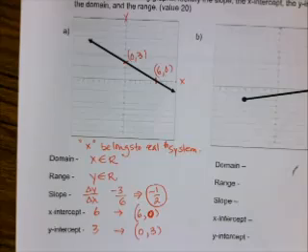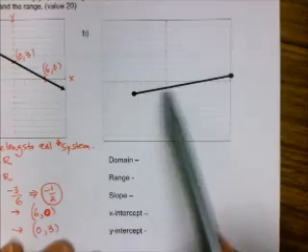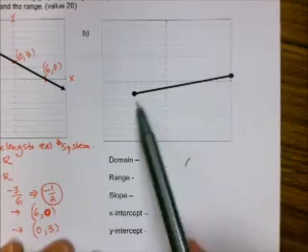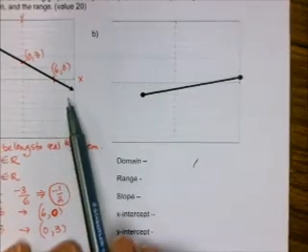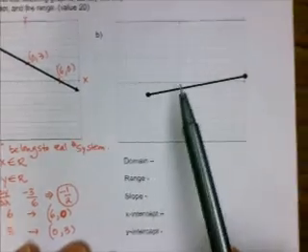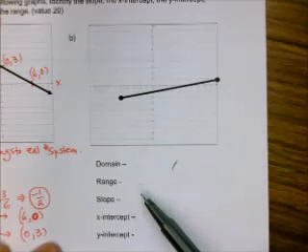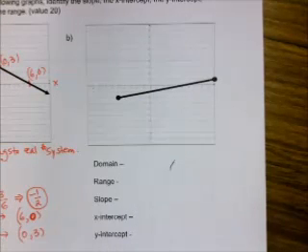Now this one over here would be different because this one has a beginning and an end. This is known as a line segment, as opposed to this one over here was a line. Okay, lines go on forever. Line segments have a beginning point and an end point. So when I do my domain and range, we want to kind of start there with that one for this one. Then it will be different.